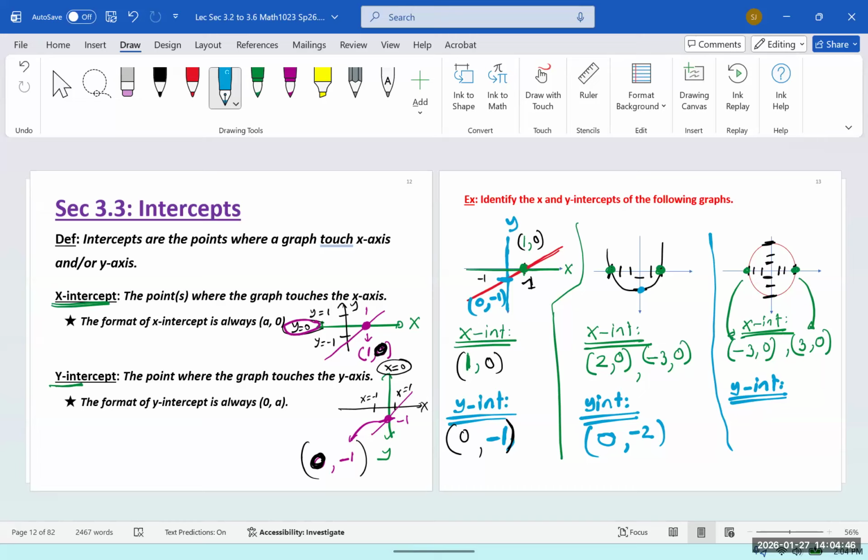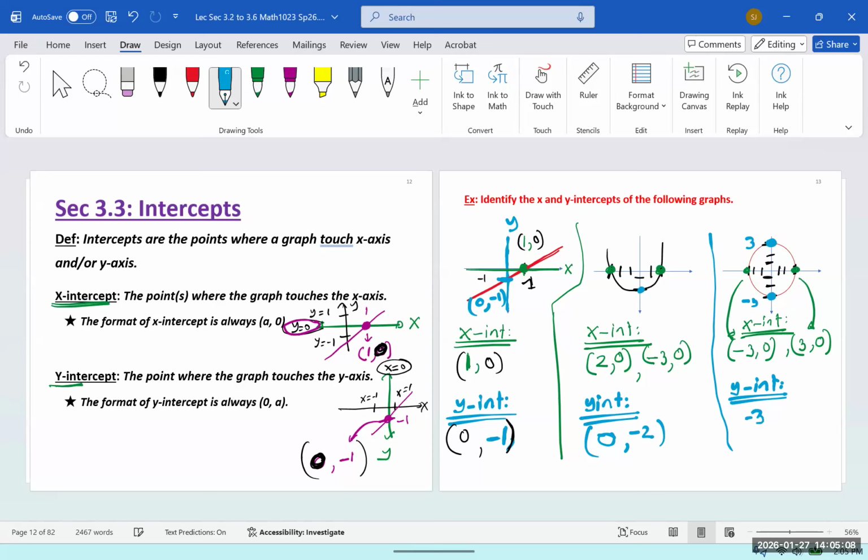Y-intercept means you are crossing the y-axis. So through what number are you crossing your y-axis? Good job. This is one in the y-axis, -3. And this is another time you are crossing the y-axis, which is +3.